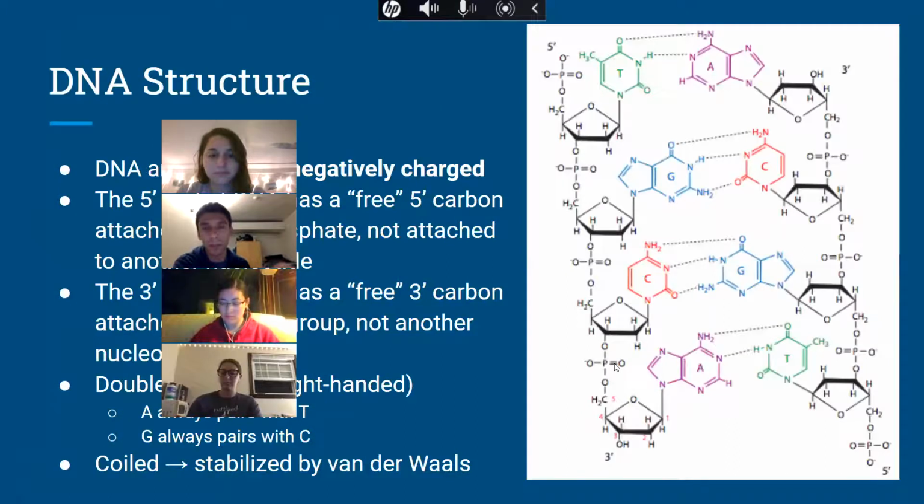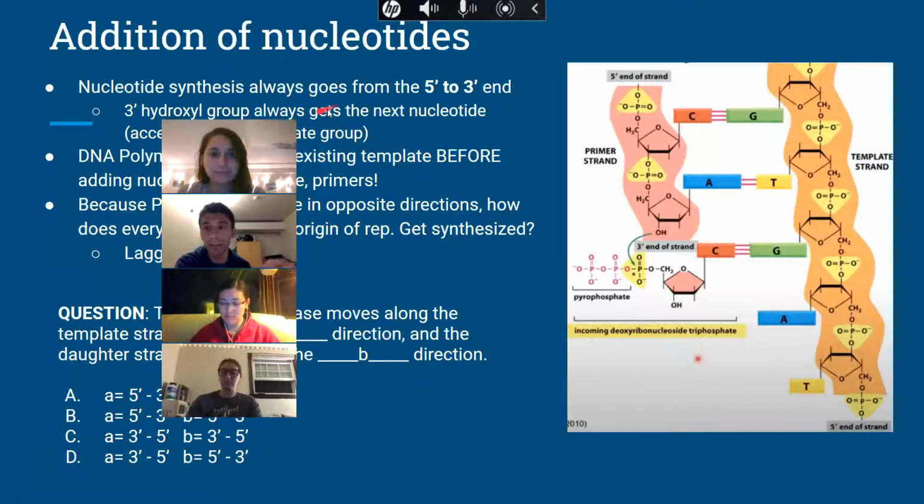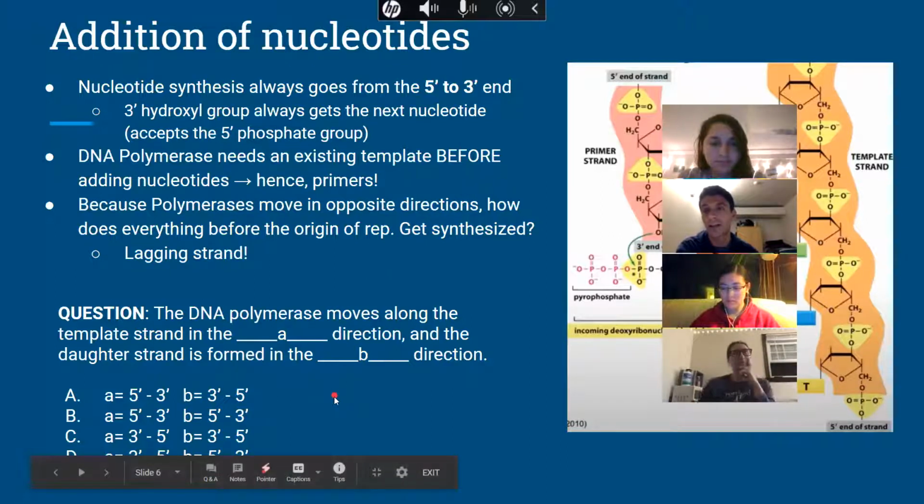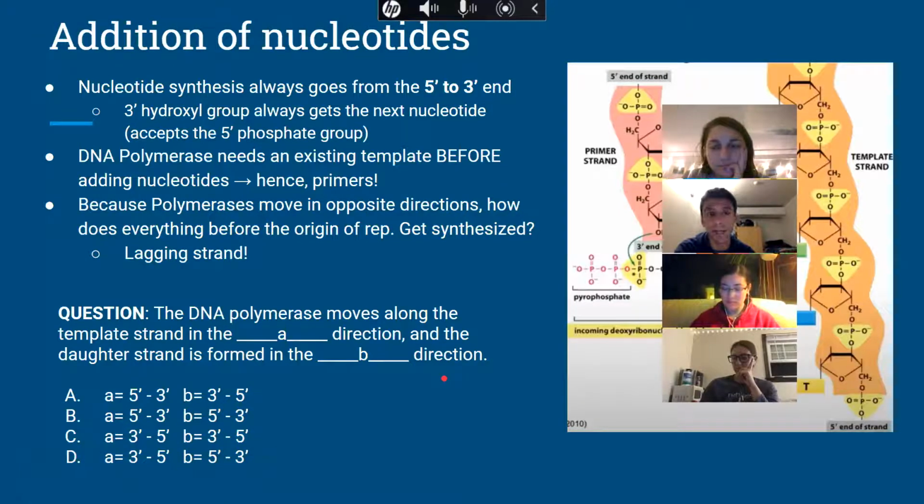So although the polymerase is adding nucleotides in the 5' to 3' direction, it's physically traveling along the template strand in the 3' to 5' direction. So the answer here would be D. The polymerase moves along the template in the 3' to 5' direction. However, it's forming the new strand in the 5' to 3'. That's the important part. Yeah, the strand always forms 5' to 3'. Right. Does that make sense?